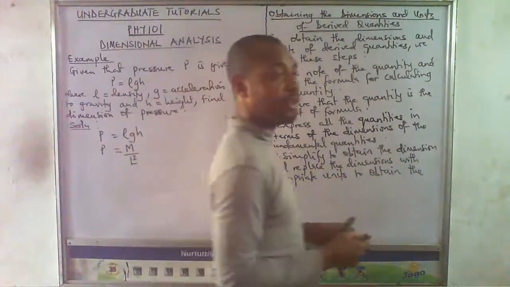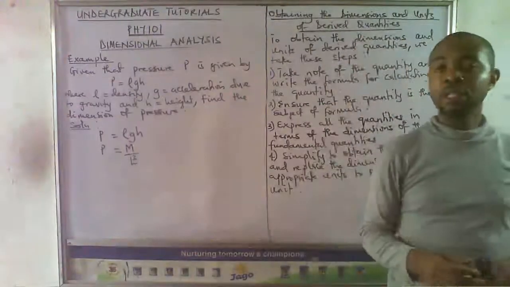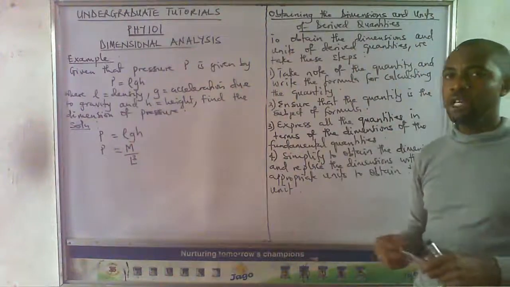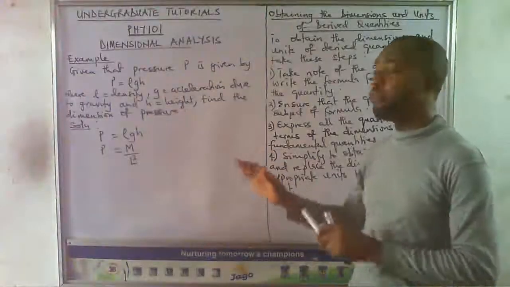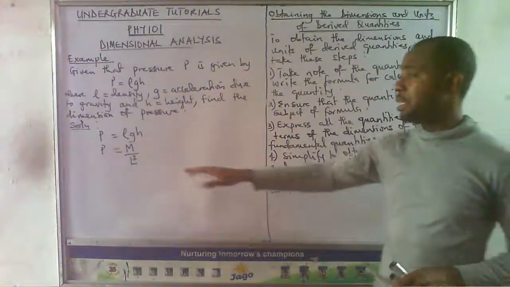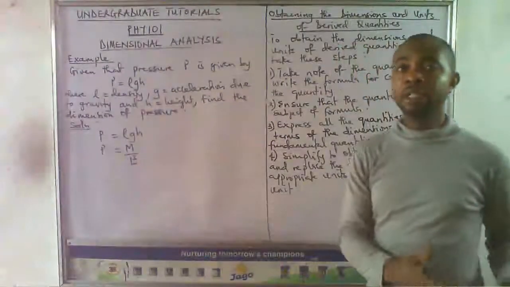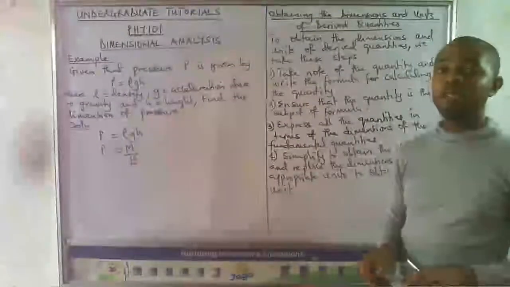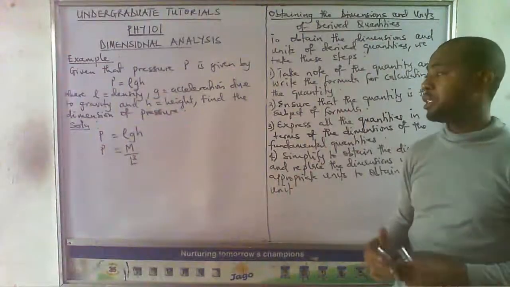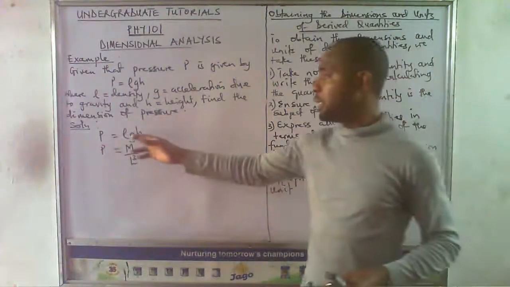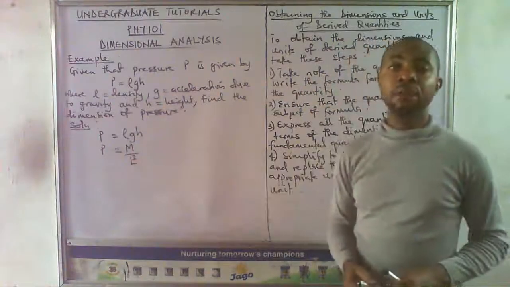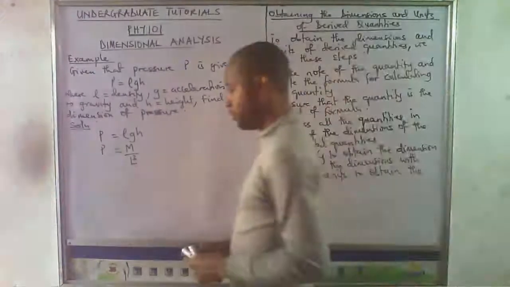We have a video on dimensional analysis for physics at secondary school level that we can make available for you if you did not understand the preliminaries. We'll leave a link to that video so that you watch it and master how to obtain the dimensional analysis of these physical quantities.